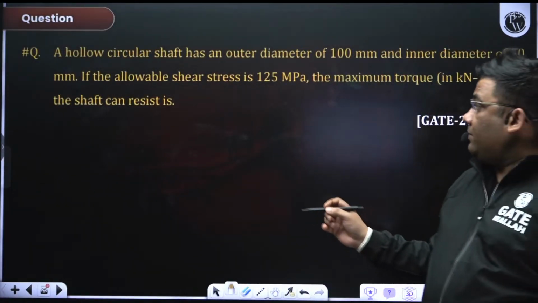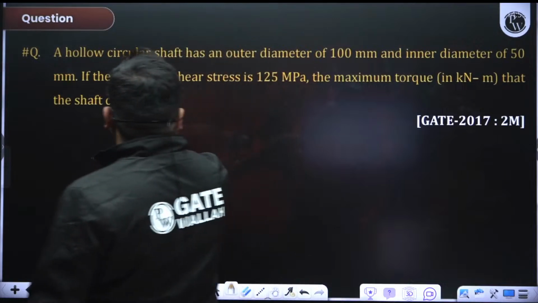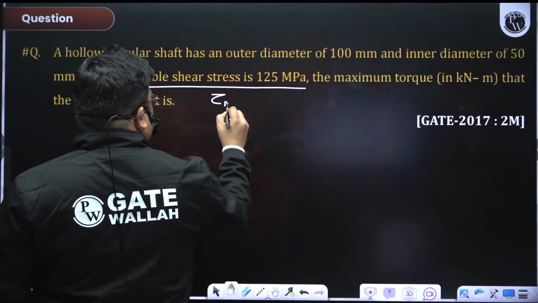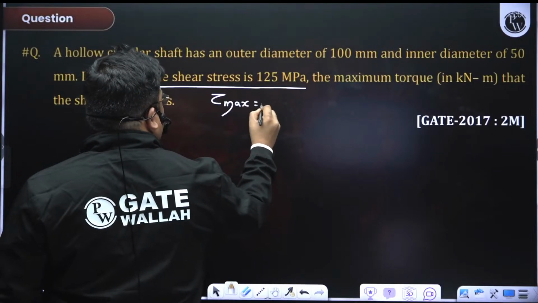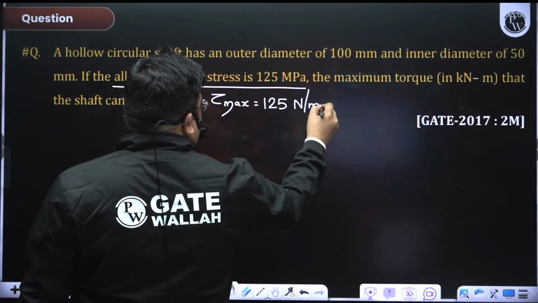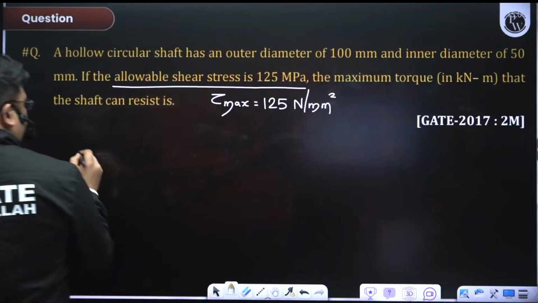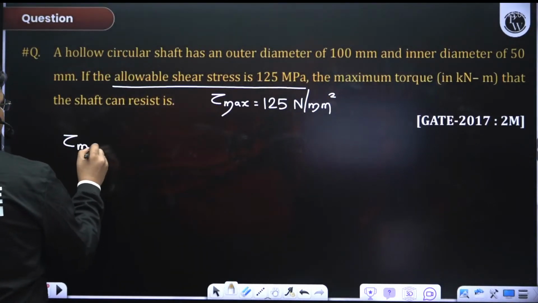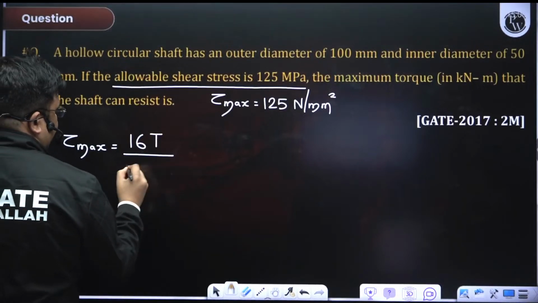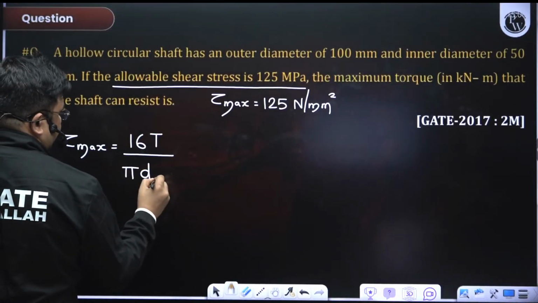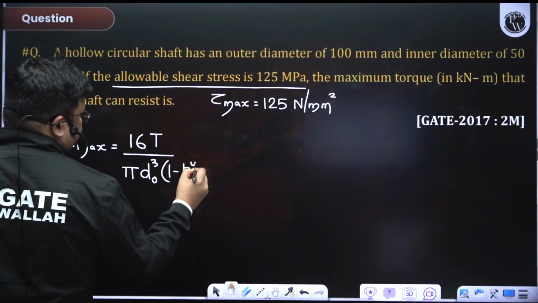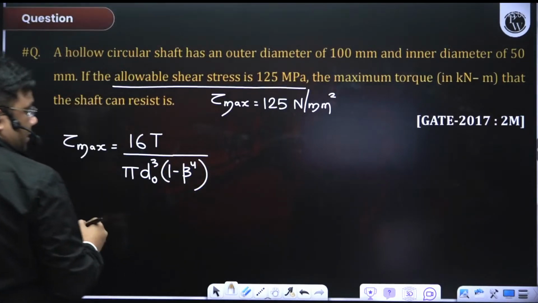Now see what is given. Hollow shaft, the allowable shear stress is 125. Allowable shear stress means the maximum shear stress, right? The maximum shear stress is given to us. Now the maximum shear stress for a hollow shaft, we have discussed yesterday, it is 16T by pi d naught cube into 1 minus beta to the power 4.